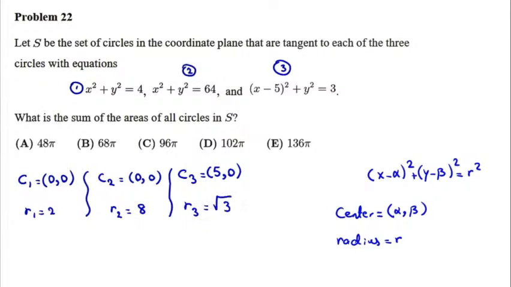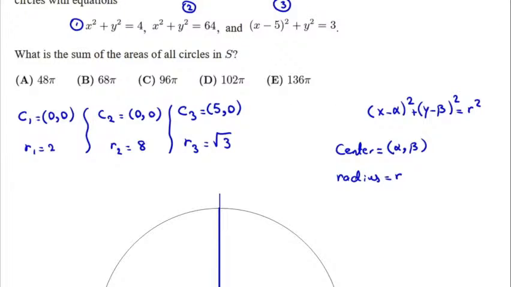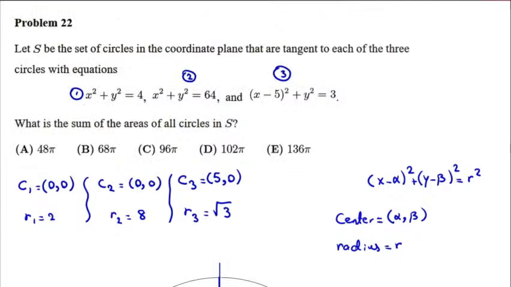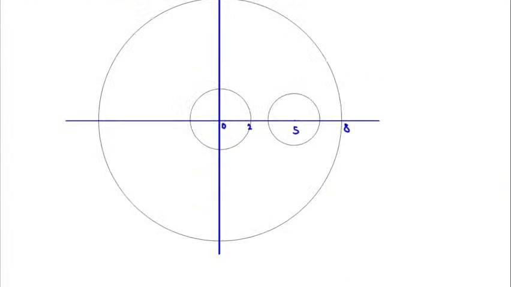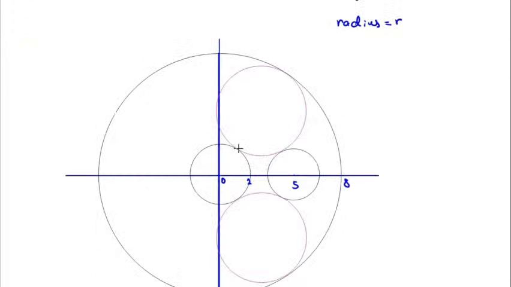So let's draw these 3 circles. Okay, the 3 circles are these. We should find all circles that are tangent to each of the 3 circles with equations. So let's find all circles. So, okay, type 1 are these circles.